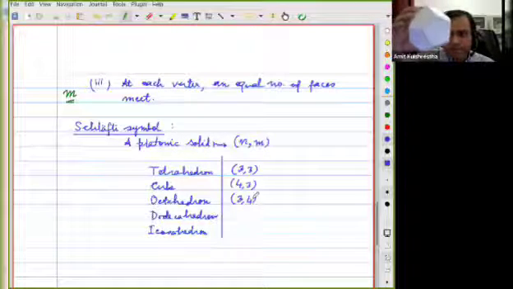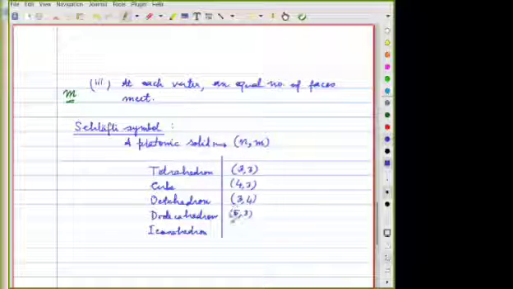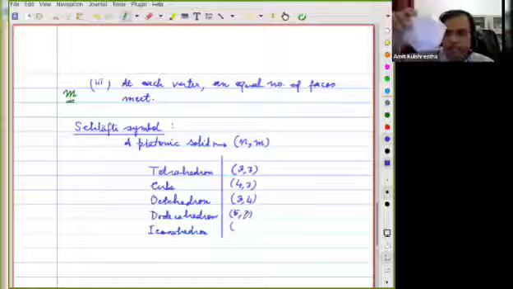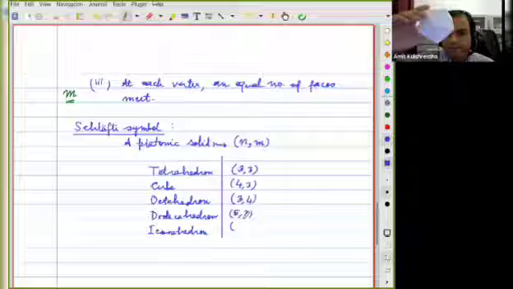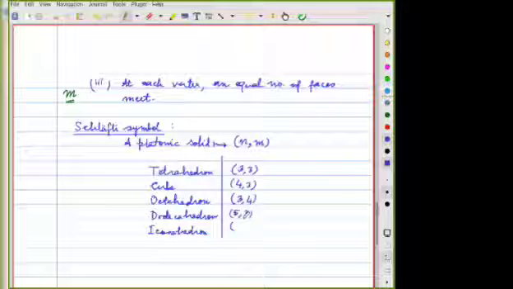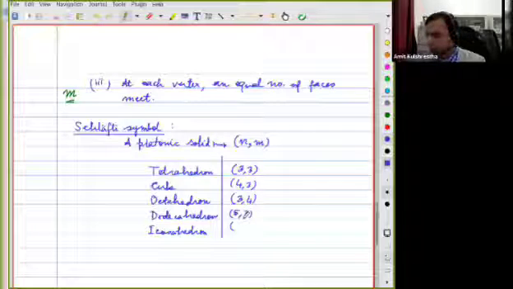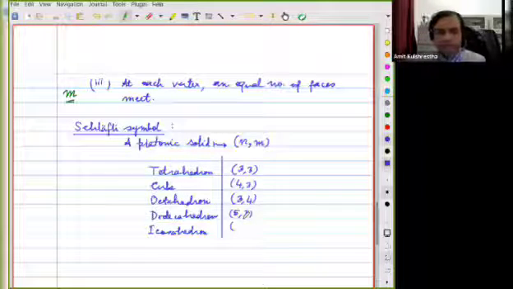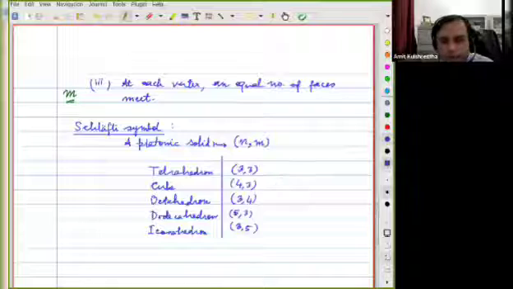What's the symbol for it? 5 comma 3. And the last, this one: 3 comma 5. Absolutely. Good, good. I'm so happy that everyone is with me and we are thinking alike.